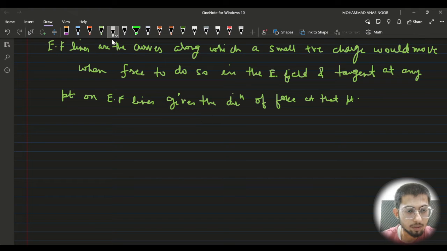Let me change this to some other color. Properties of electric field lines.